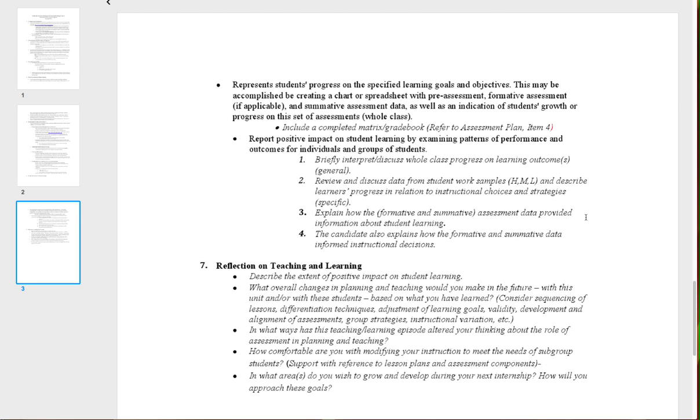You might talk about how Jojo began the unit not knowing very much about forces in motion, and that his pretest was very, very low. But that you could see by lesson 3, he was so engaged and so excited that he started to really exceed the standard. So that might be one way to talk about it.